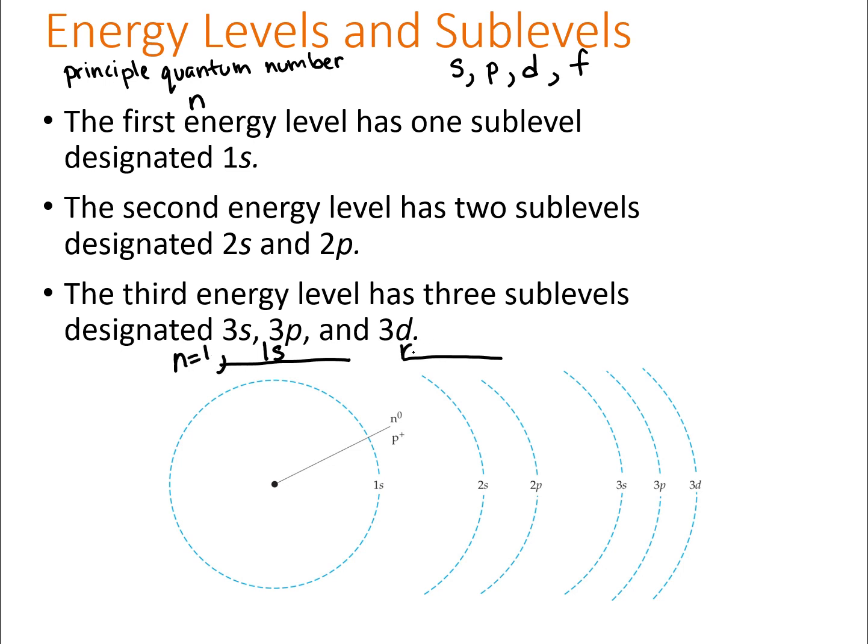The second energy level is n equals 2, and that's got the 2s and the 2p. The third energy level, n equals 3, has 3 sublevels: s, p, and d.